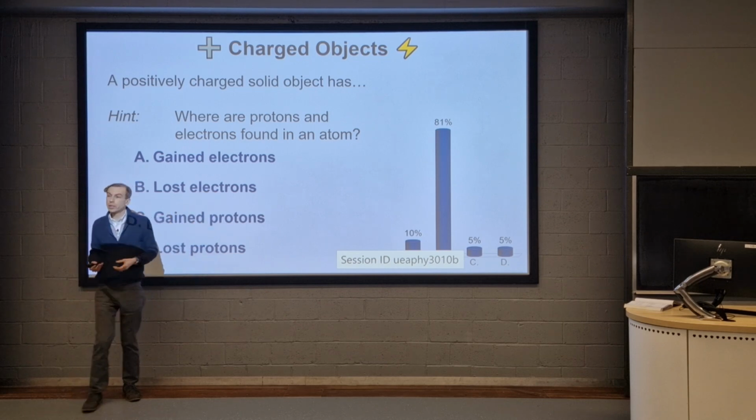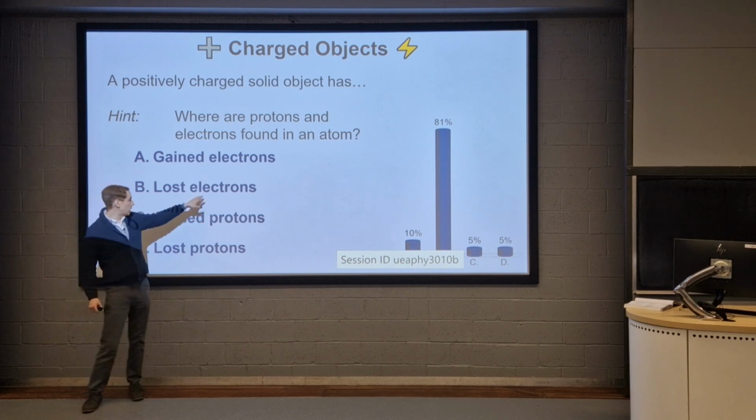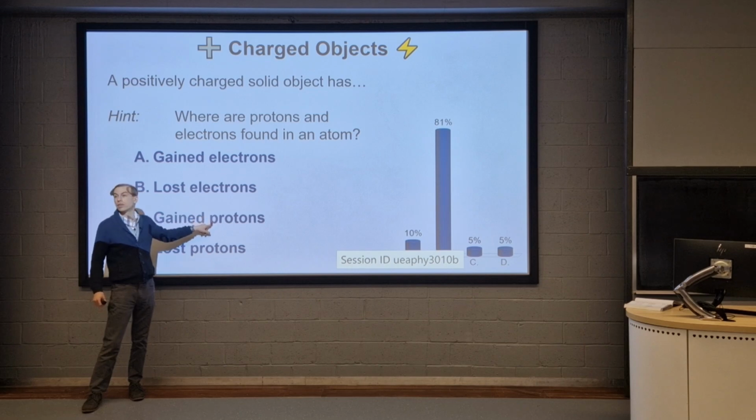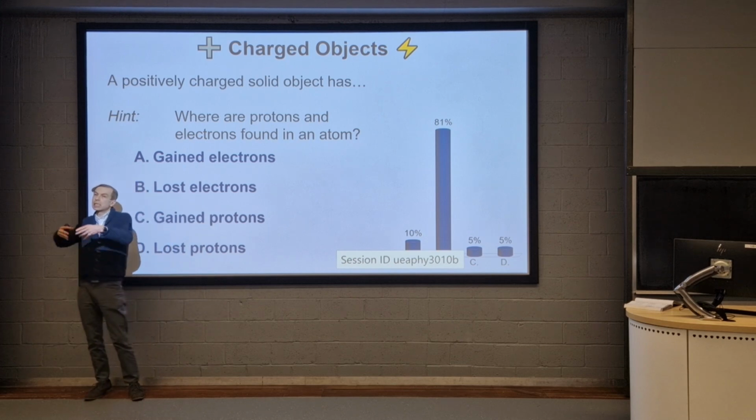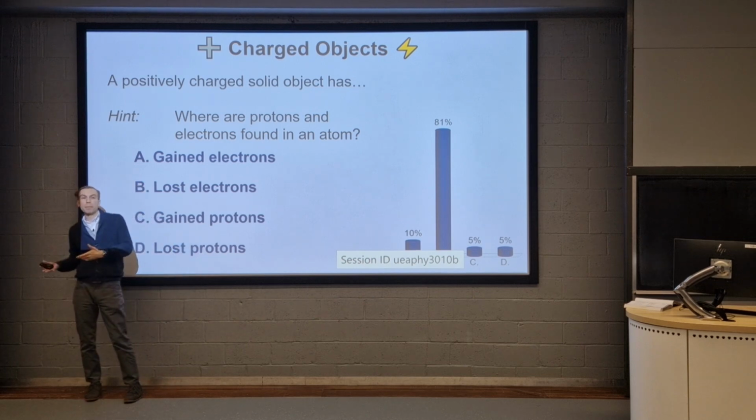The convention is we say an electron is negatively charged and the charge on the electron is negative the charge on the proton. So if we have the same number of electrons and the same number of protons, there's not going to be any charge overall. But if we start adding one or the other or taking one or the other away, then we're going to build up a positive or negative charge.